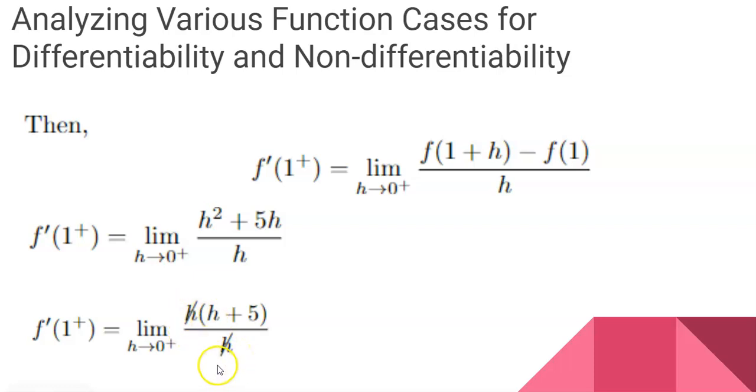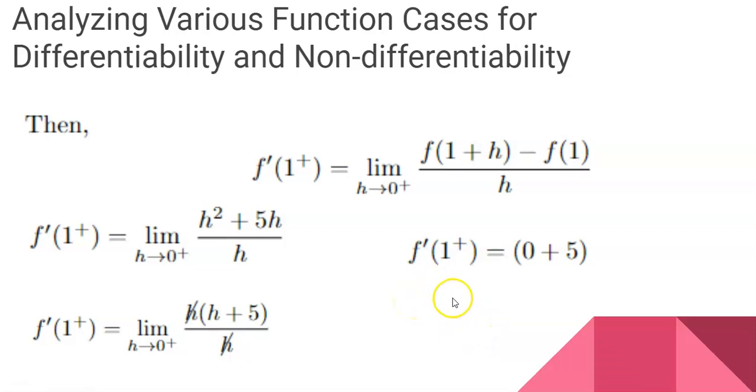So we now have the limit of h + 5 as h approaches 0 from the right. Next, we perform the limit operation by substituting h with 0. So we now have f'(1) from the right is equal to 5. Or we say the right-hand derivative of the function is equal to 5.